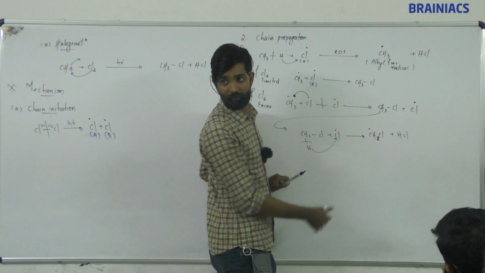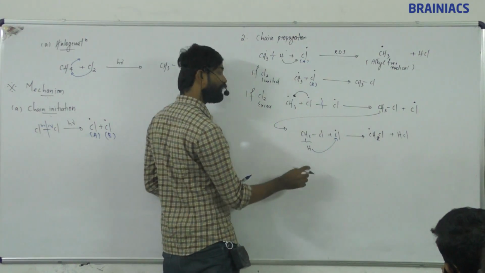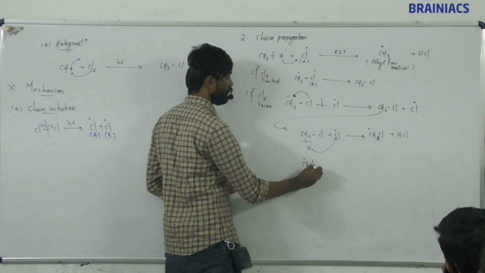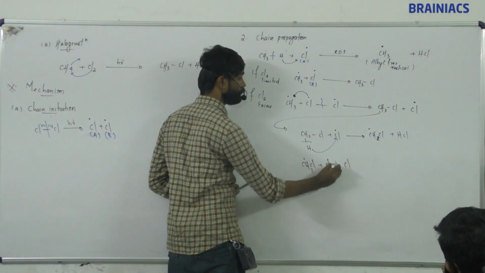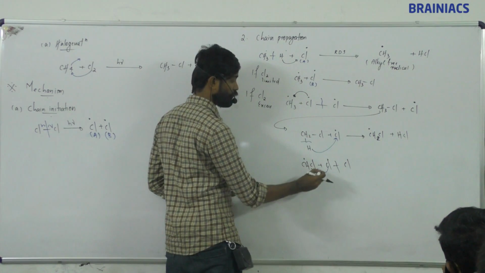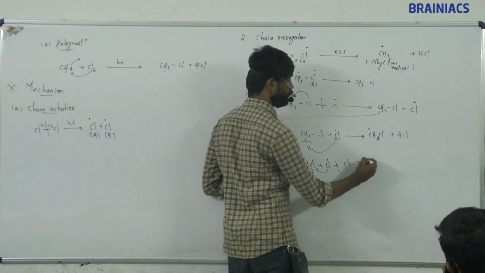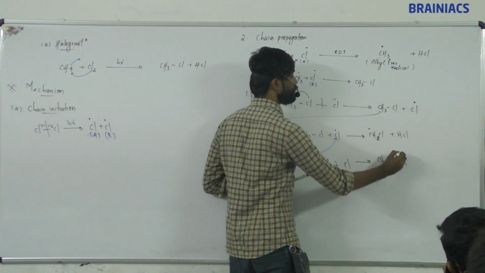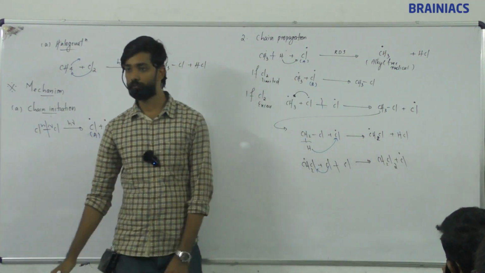If the next chlorine is available, what happens? The CH2Cl free radical homolytically cleaves it to give CH2Cl2 plus Cl. This is said to be propagation.